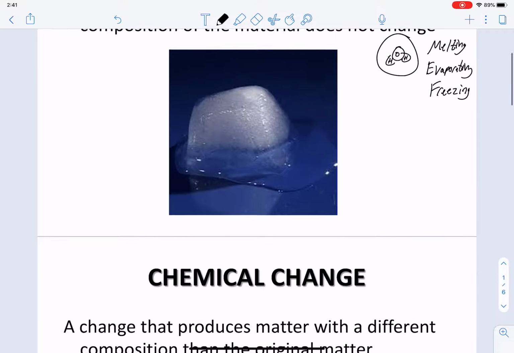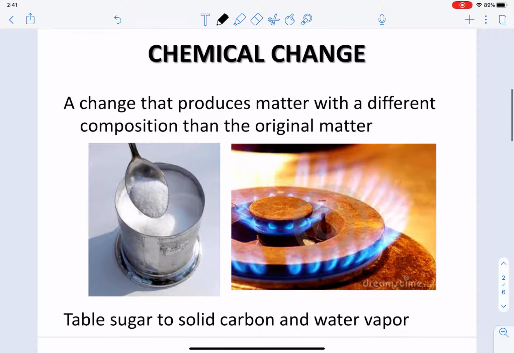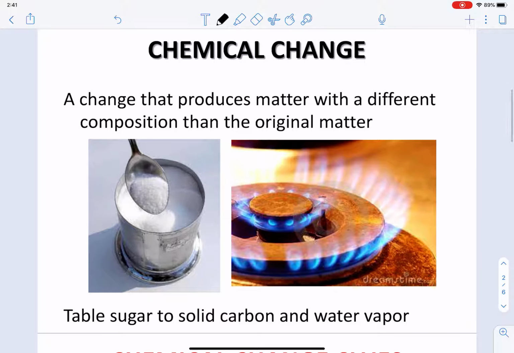Okay. Our second type of change that materials can undergo is chemical changes. Now, a chemical change is one that does produce matter with a different composition than what we started with. Okay, so this is where our molecular or chemical formulas are changing. So that H2O we were talking about earlier, in some type of reaction, is no longer H2O.